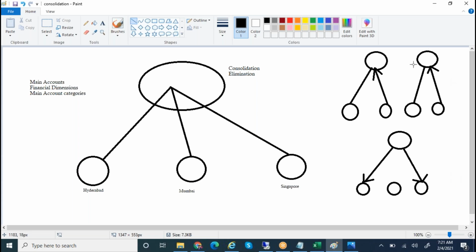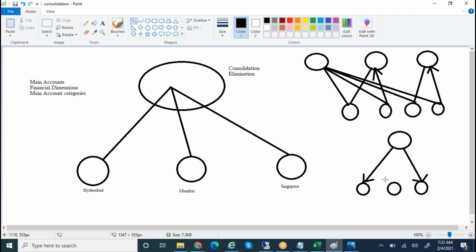Because what is the benefit of this? At any point of time you can create one parent company, and you can tag. Suppose I want one more, and I want to combine this, and I want this, and I want this. Yes, I can create. This is possible. This child is linked to parent.